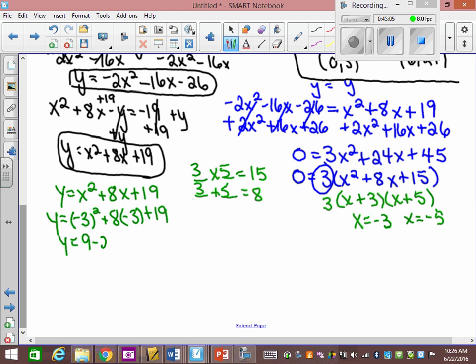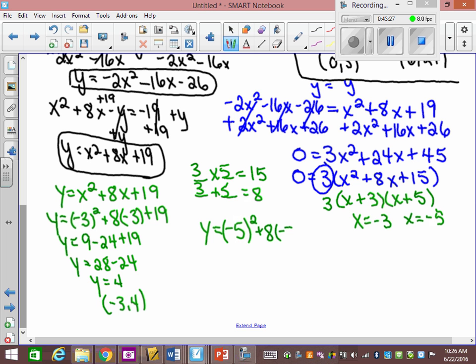Y equals 9 minus 24 plus 19. Y equals 28 minus 24. Y equals 4. So negative 3 and 4. Remember to find your y's. You always forget. And then we do the other one. Y equals negative 5 squared plus 8 times negative 5 plus 19.